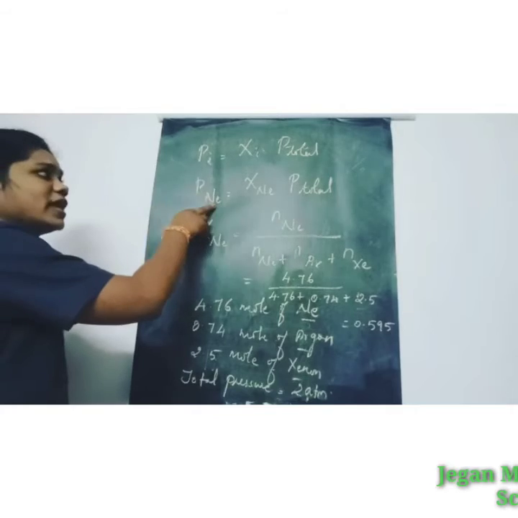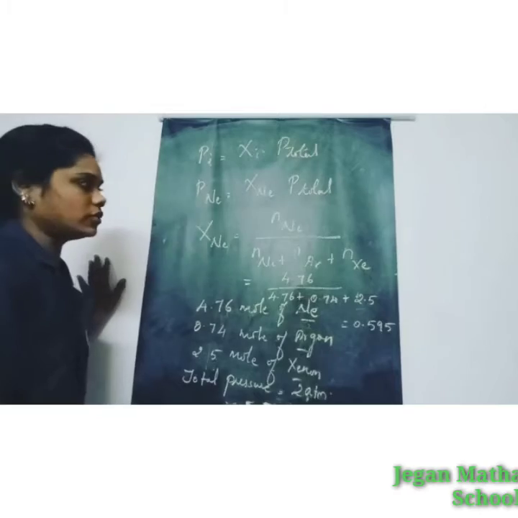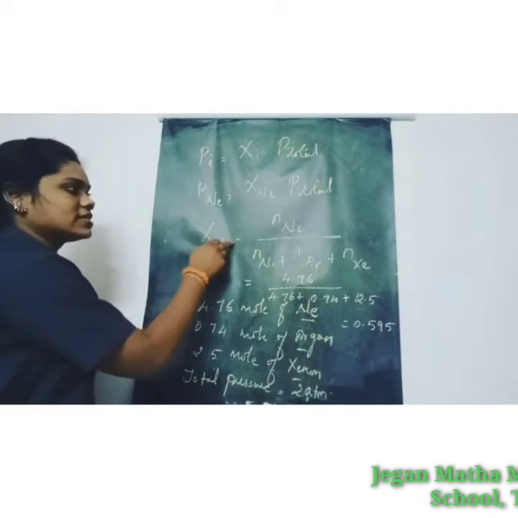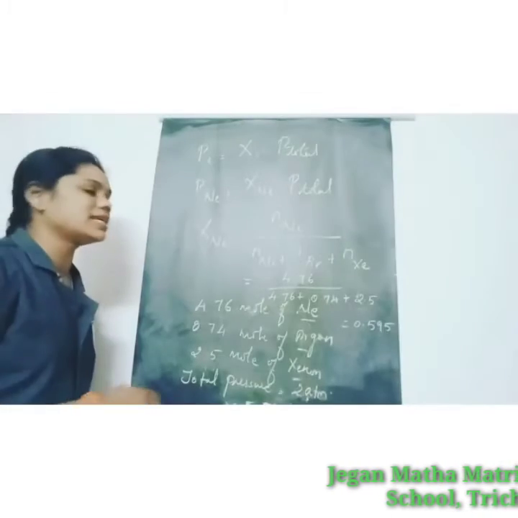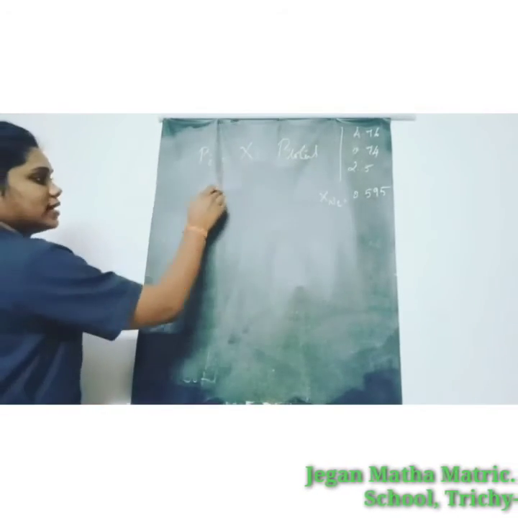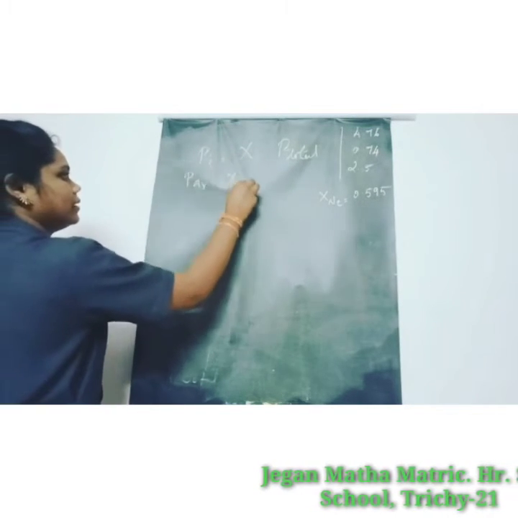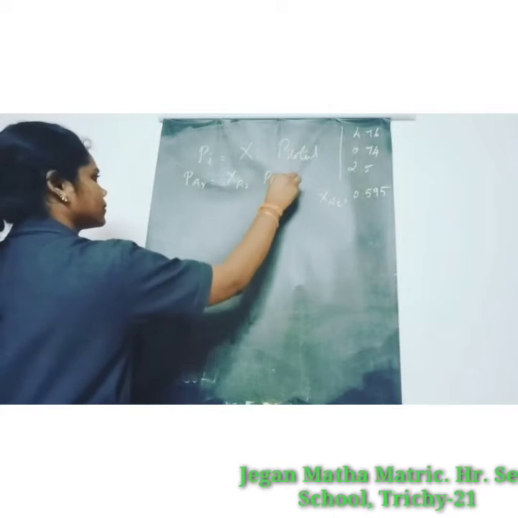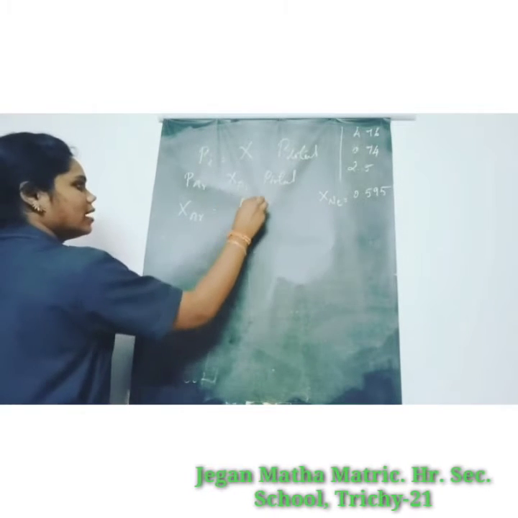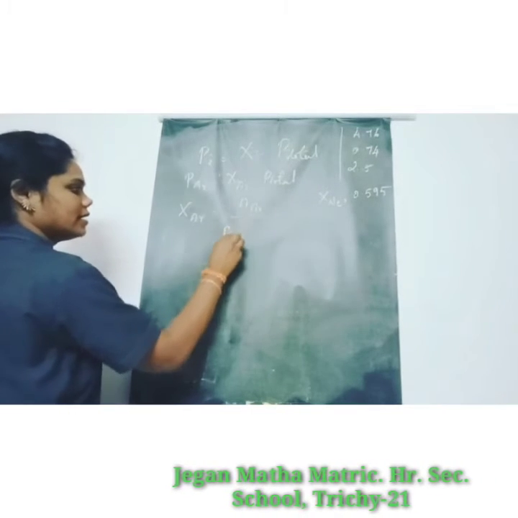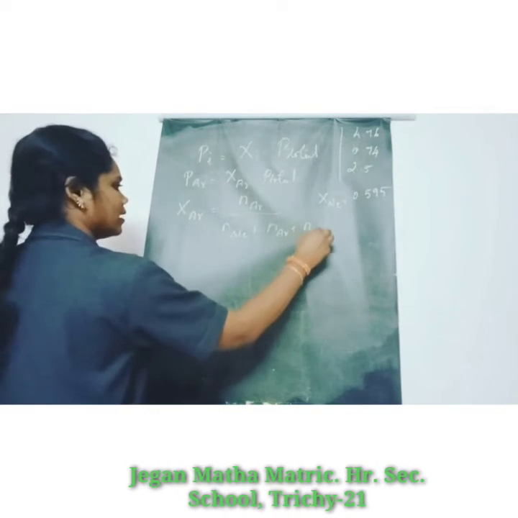And next one we see for the mole fraction of argon. So here instead of P neon we take P argon is equal to X argon into P total. So X argon is equal to N argon divided by the number of moles of all the gases. So X argon is equal to N argon divided by N neon plus N argon plus N xenon.